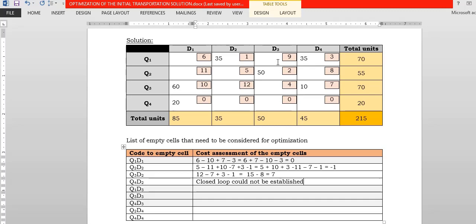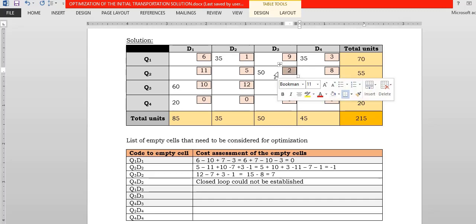We have to find how we can make a closed loop there, because we're looking at a possibility of making a closed loop. Okay. So from here, if you move to the left, you find 35 here, but that's where it stops. If you move down, you find 50 here. But unfortunately, again, that is where it stops.